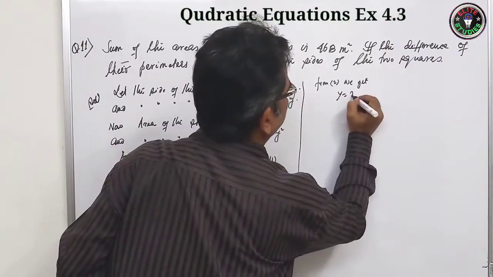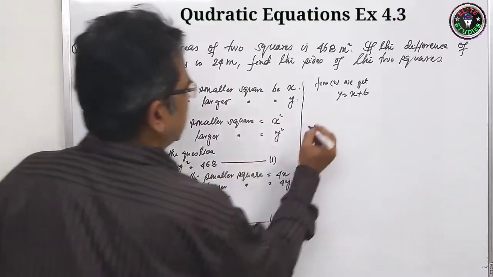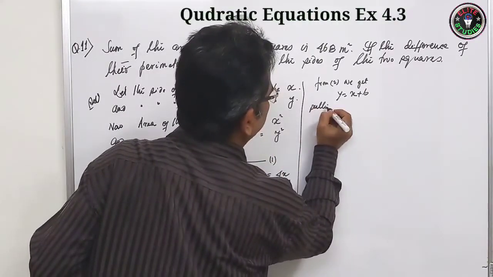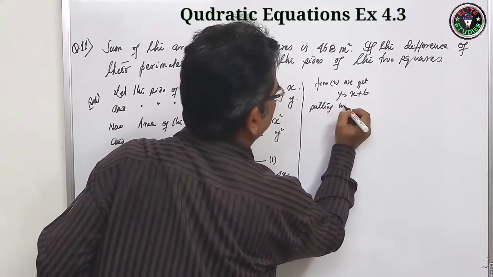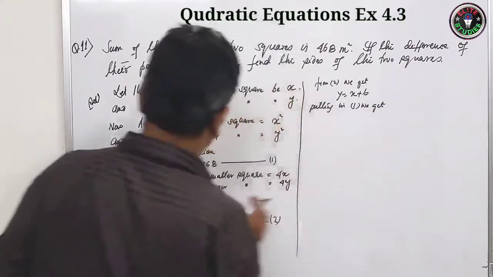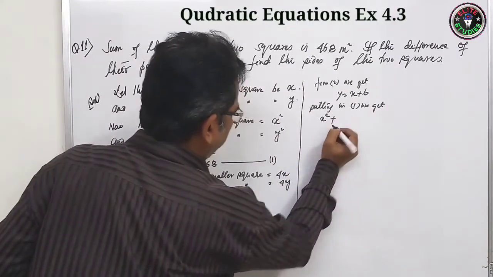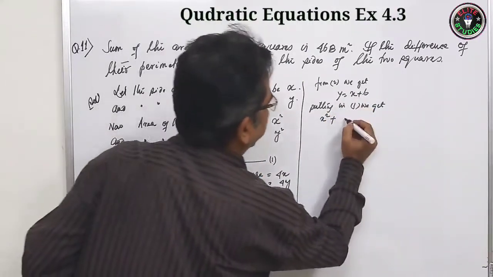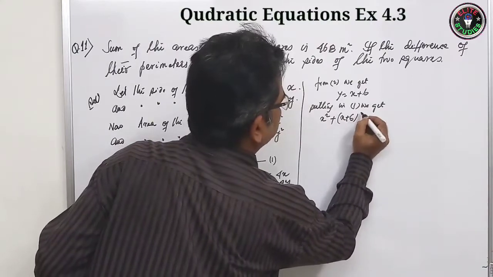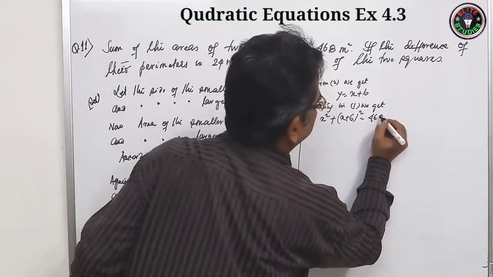Putting in equation 1, it will be x square plus (x plus 6) square is equal to 468.